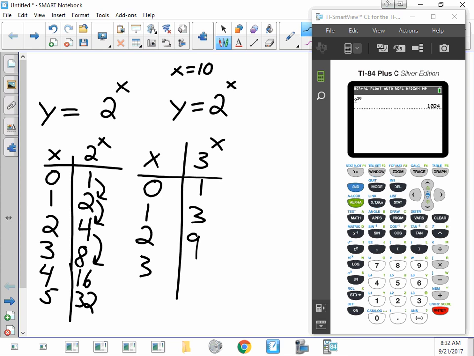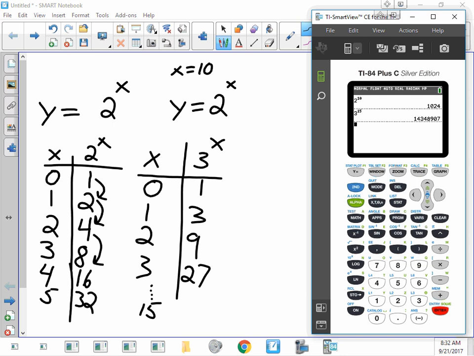If I plugged in 3, 27. If I skipped all the way down to 15, all I have to do is type in 3 to the 15th, and I get 1,434,008. Oh no, 34,000. I lied. That's 14 million. I get 14 million.